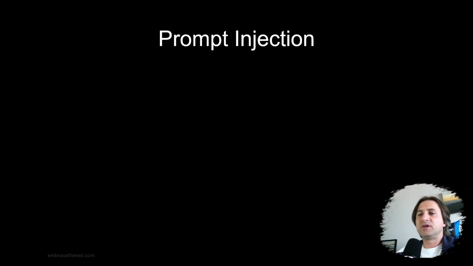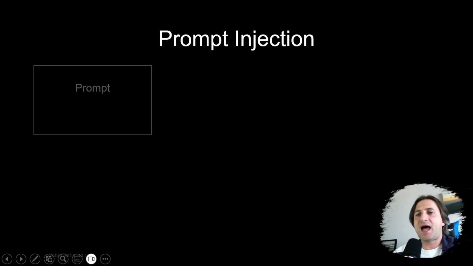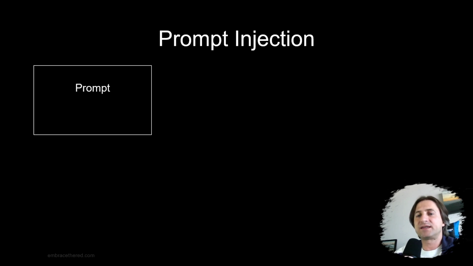To give an example of prompt injection, just at a high level to really make sure we understand the meaning: we have the developer having a system prompt, and then the application or developer concatenating that system prompt and inserting user data.